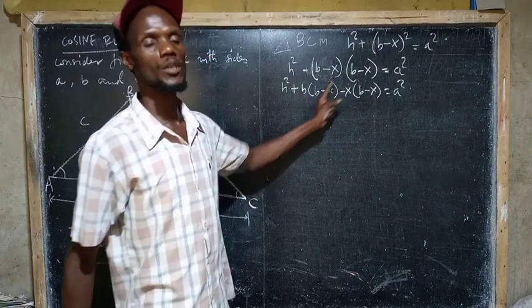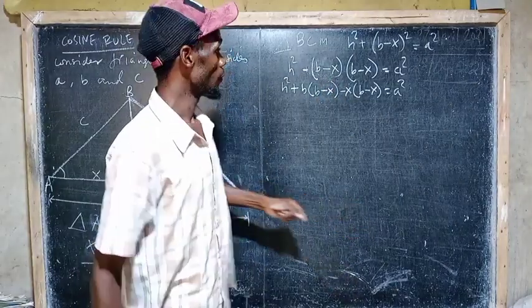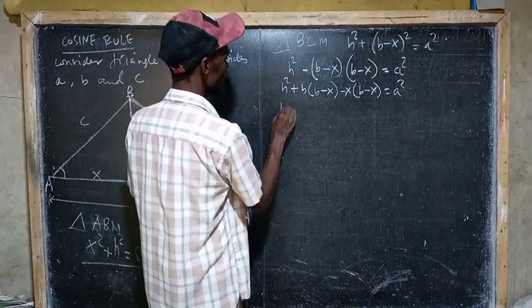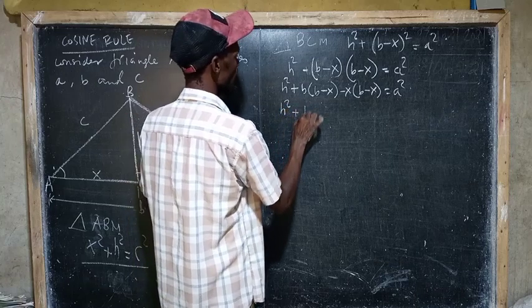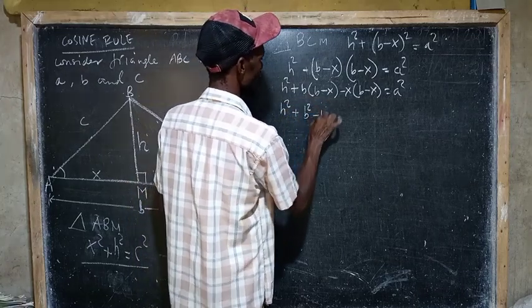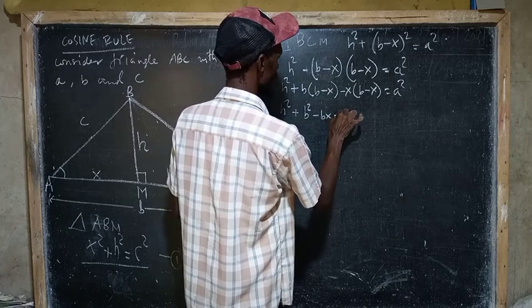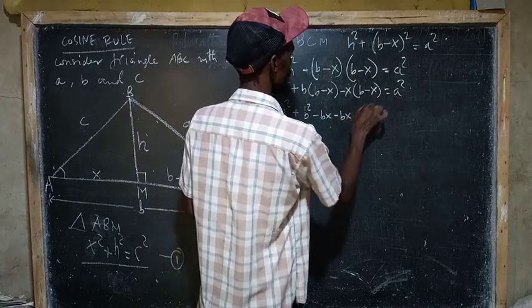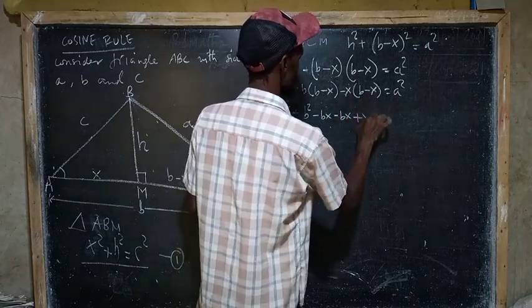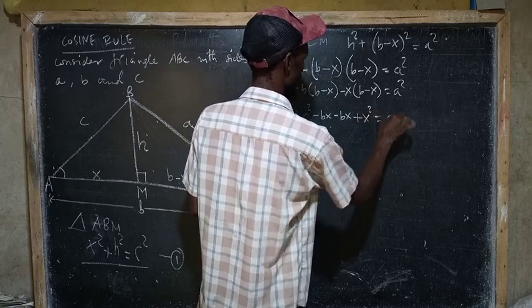These are just the principles of factorization. Now, this is H squared plus B squared, then minus BX, then minus BX, and negative times negative gives positive X squared, equal to A squared.